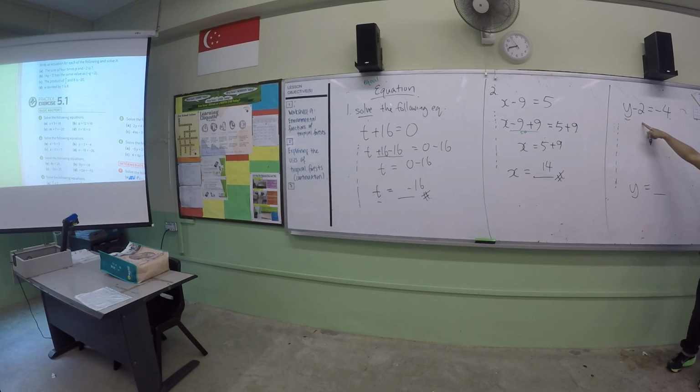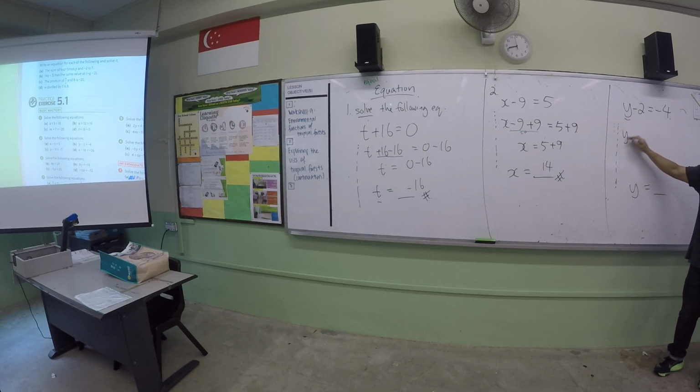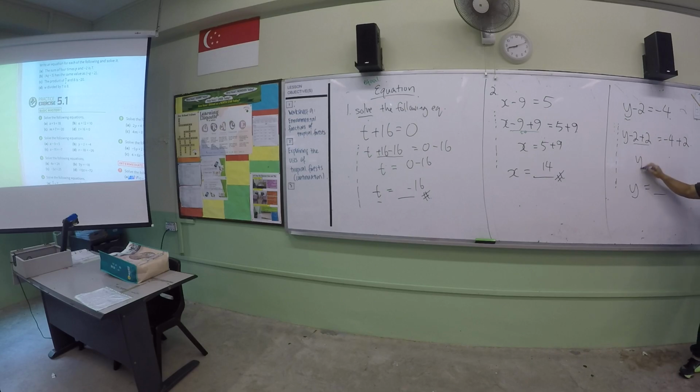So y minus 2, I only want y, I don't want the minus 2. So I must plus 2 to cancel it away, it becomes 0. And because I add 2, on the right hand side I must also add 2, so that left and right are still the same. So y will become negative 4 plus 2. So y must be negative 2.